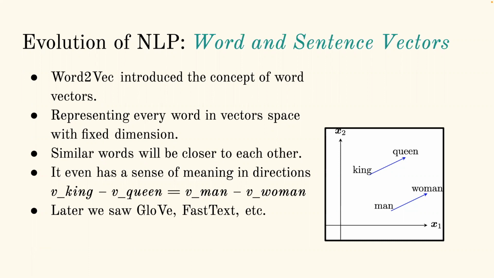Ideally, they define a window length and check its context, and try to predict what the vector for king would be based on the words that appear in the neighborhood of king. So that's how it does it. It's not unsupervised, and it's not supervised either, but it comes up with the supervision by itself. So it's semi-supervised.